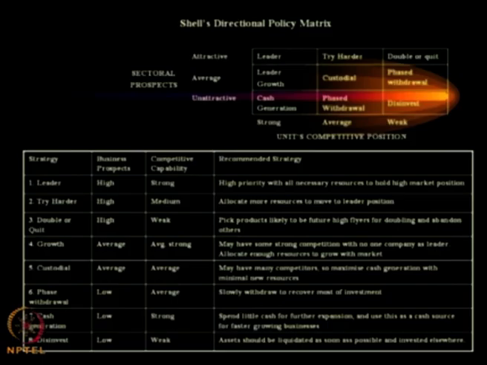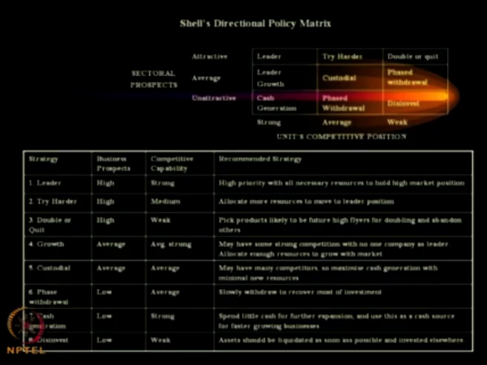That is, pick products likely to be future high flyers for doubling and abandon others. Do not keep on having all these sentimental values, because in this competitive market there is no point in having all these types of product lines which may not sustain themselves. This is the type of thing which is coming in.